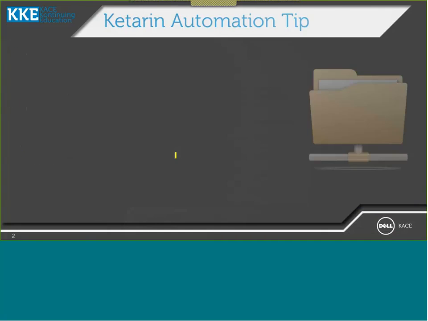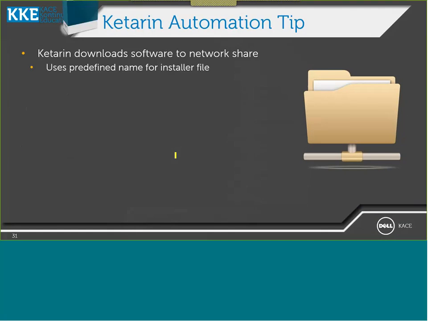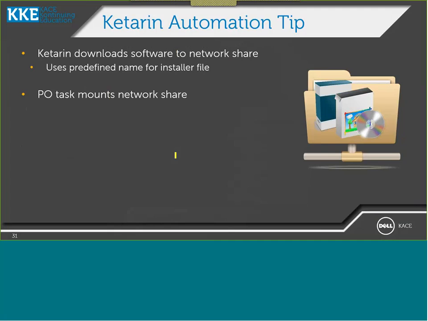I can use, again, a network share. So I tell K2000 to download the software and place it on the network share, and I use a predefined name for the installer file. So I don't use the name that it comes with. I call it firefox.exe, I call it reader.exe, just a generic name.